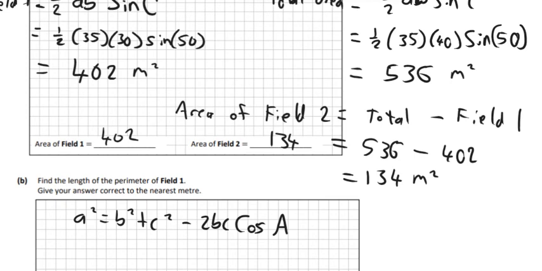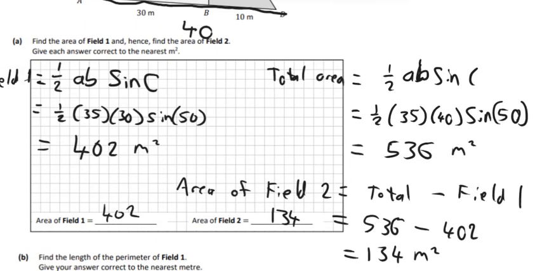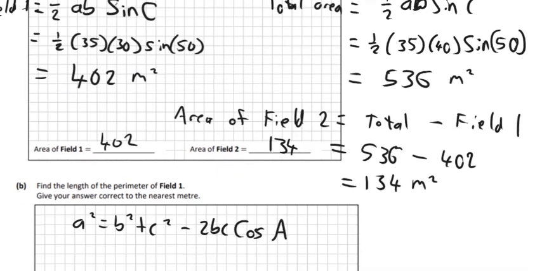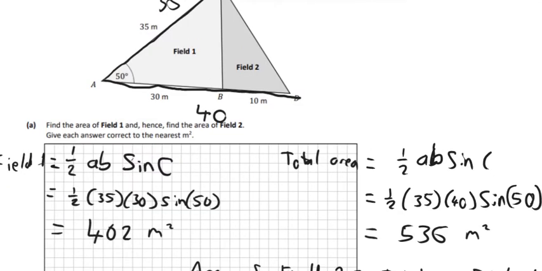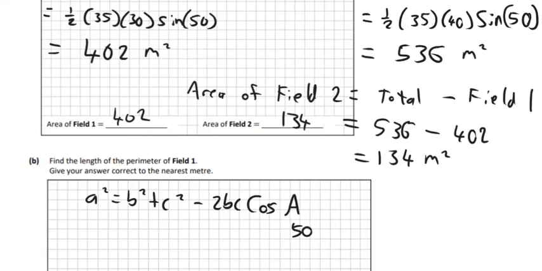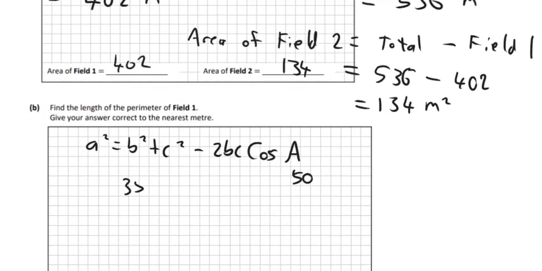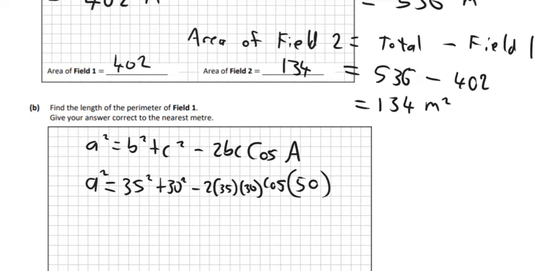The b and the c will be the sides that are just beside a, that form the angle A. So in this case the angle is 50, and it's 35 and 30. All of that will then tell us what a squared is.